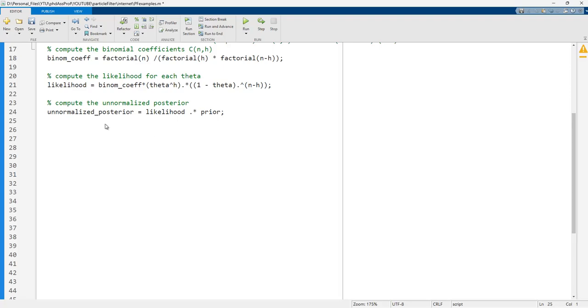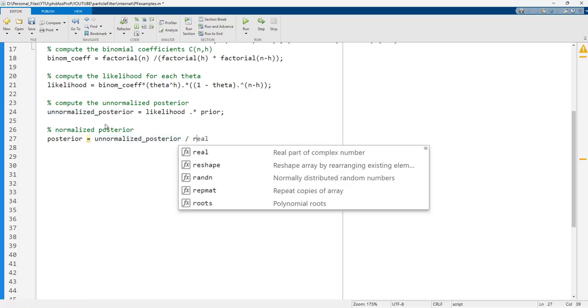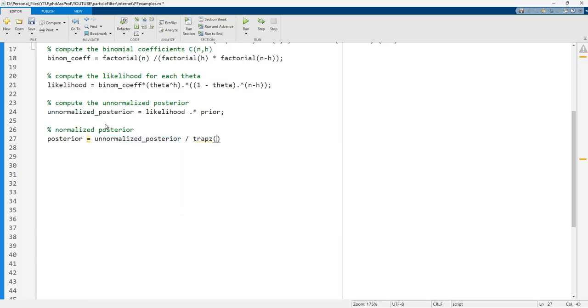So the normalized posterior can be given as the posterior equal to the unnormalized posterior divided by trapz of theta and unnormalized posterior.